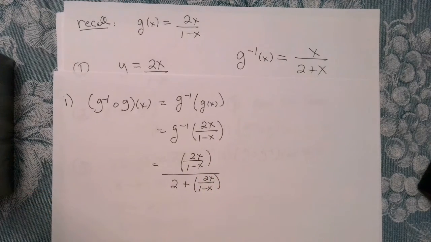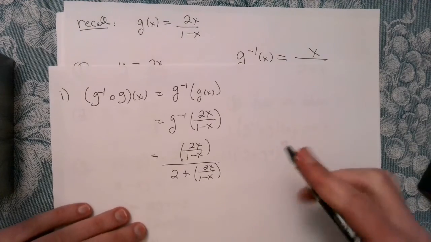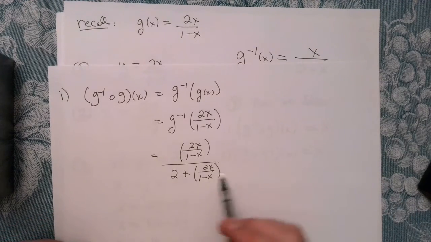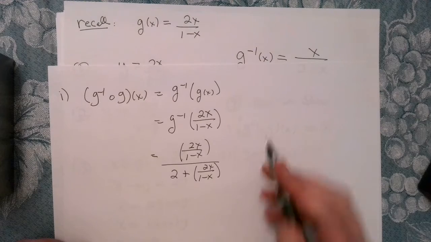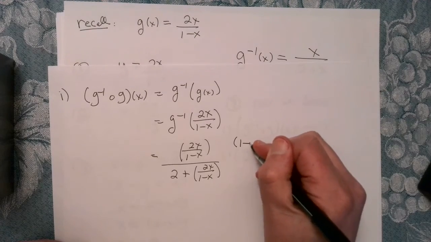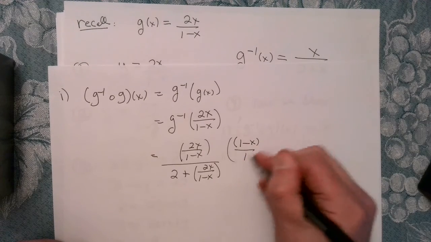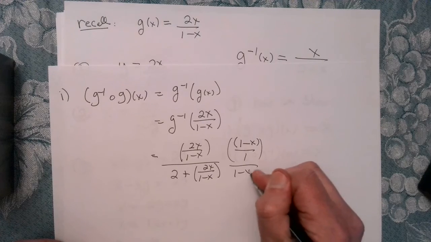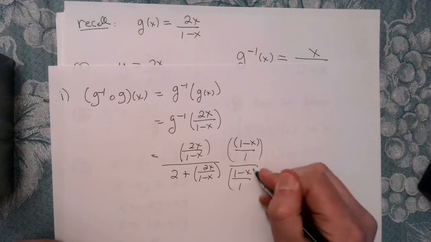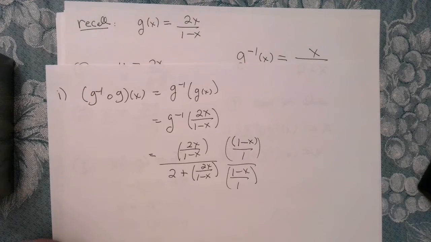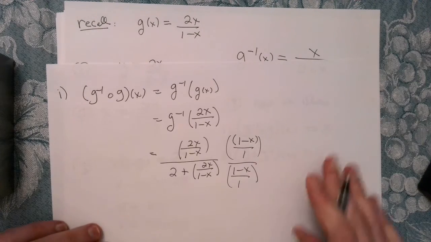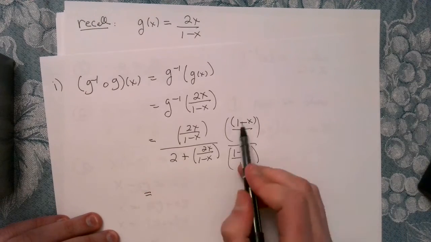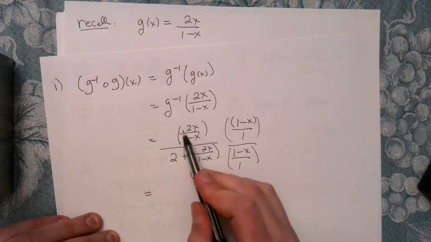Okay, so yeah, we've got a complex fraction. We want to get rid of that complex fraction. So let's go ahead and multiply the top and the bottom by this quantity over itself. So let's multiply by 1 minus x over 1, over itself. Why do we do that? That's going to help us get rid of the fractions within fractions. Okay, so for the top, these will cancel. I'm left with 2x.